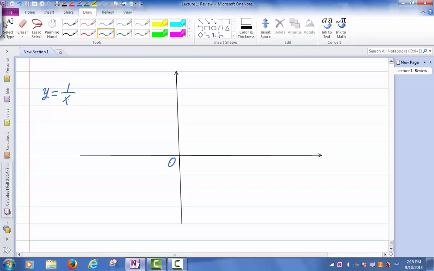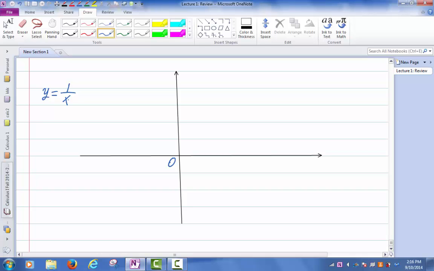Notice that when x is big, the fraction 1 over x is small, right? If you increase the denominator, the fraction gets smaller and smaller, closer and closer to 0. On the other hand, when x is close to 0 and positive, then the fraction is big.